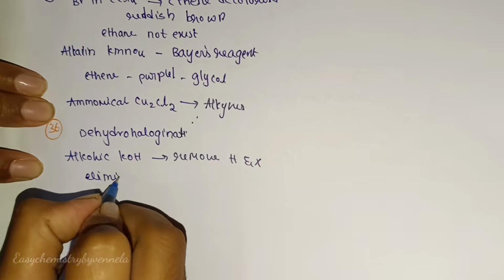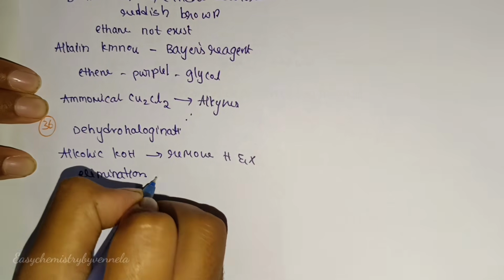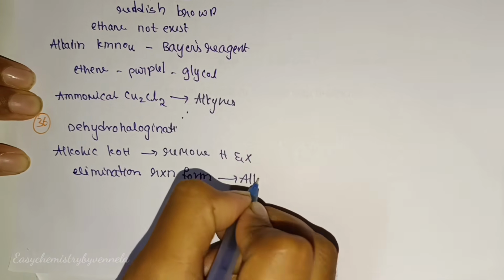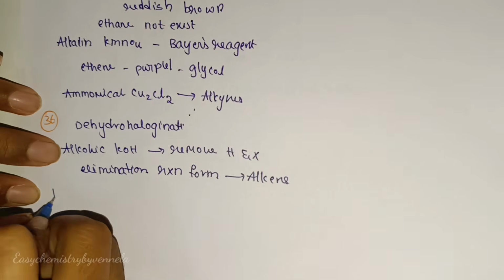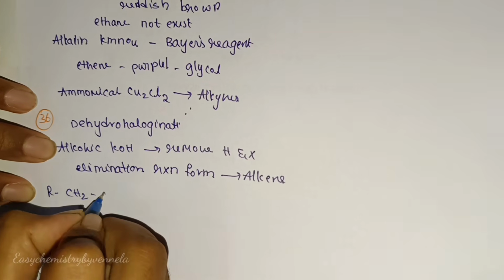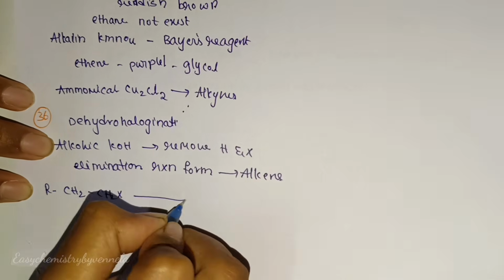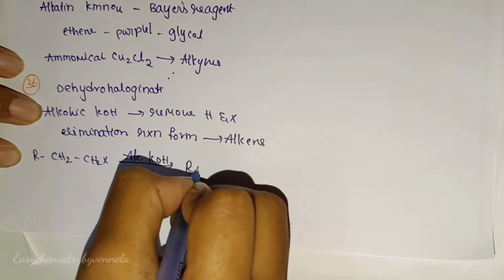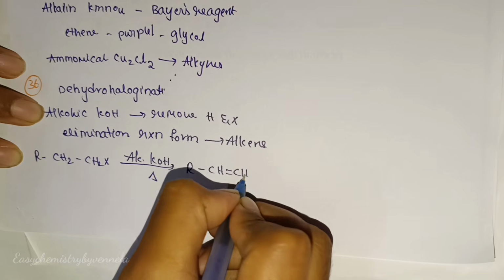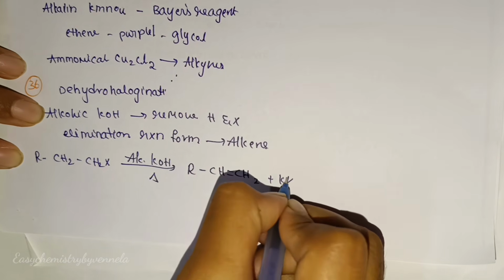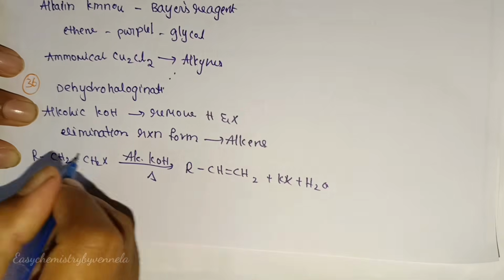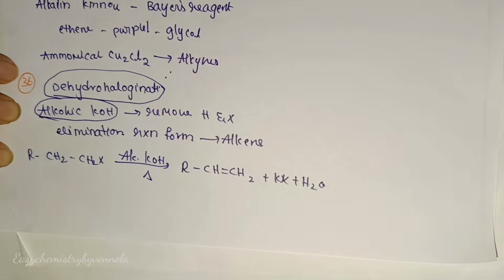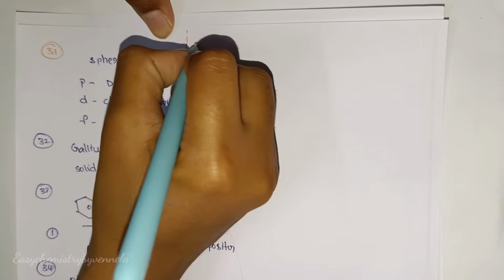Elimination finally forms an alkene. So the reaction is RCH2CH2X, halogen, with alcoholic KOH under heat, forms alkene, halide, and finally water. So alcoholic KOH means dehydrohalogenation. So the third option is the correct one.